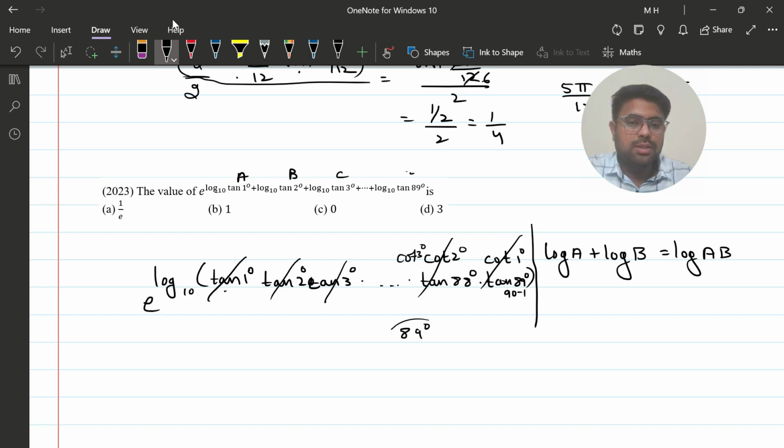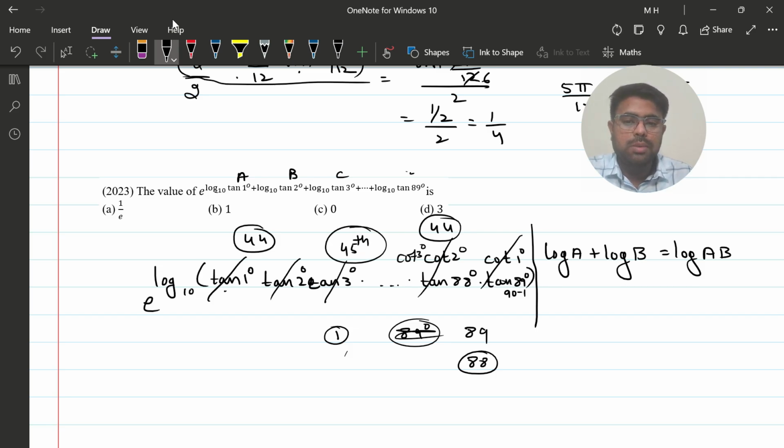It's an odd number of terms, right? So one term in the middle is going to be left. If I leave that one term, the remaining terms are 88. So 44 terms here and 44 terms here are going to get cancelled out. So the 45th term is left out.